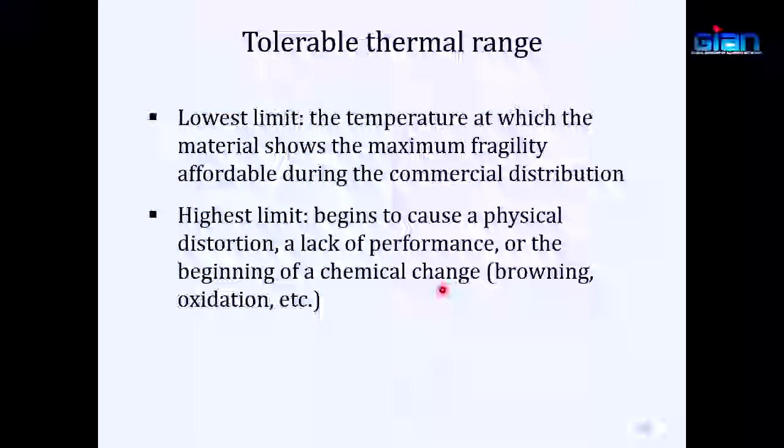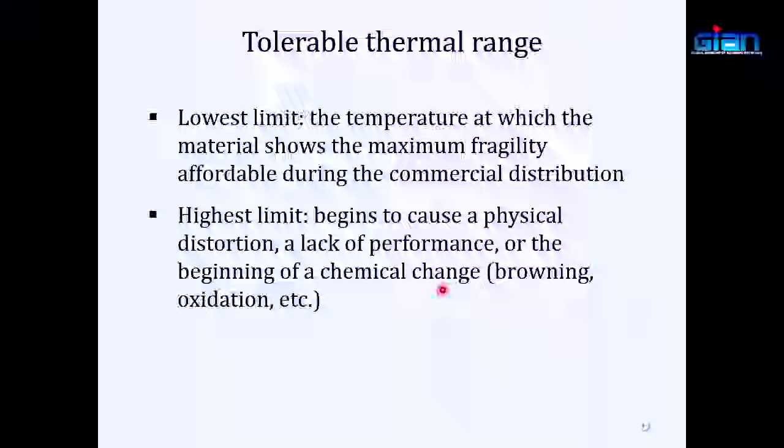And the highest limit of temperature is where it begins to cause physical distortion. If you keep on increasing temperature, what will happen? It starts softening, and then eventually it could melt, and it can affect its performance. And in fact, after a certain temperature, you may start having chemical changes in that material, right?